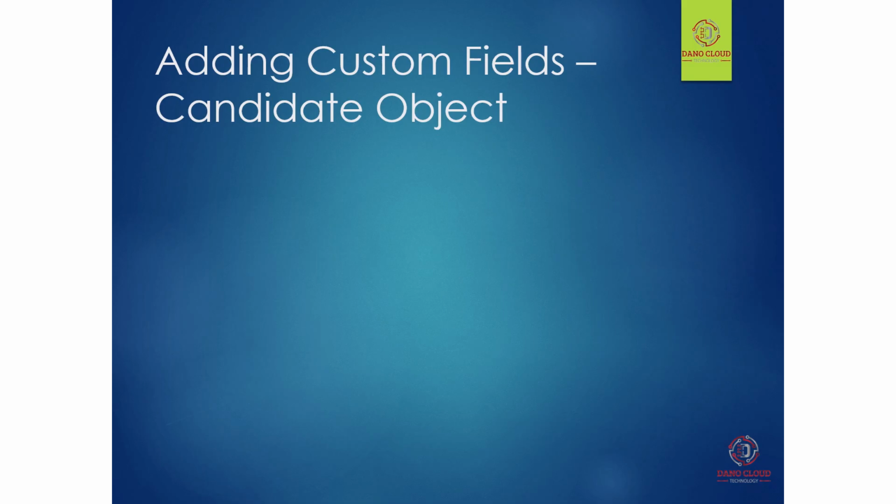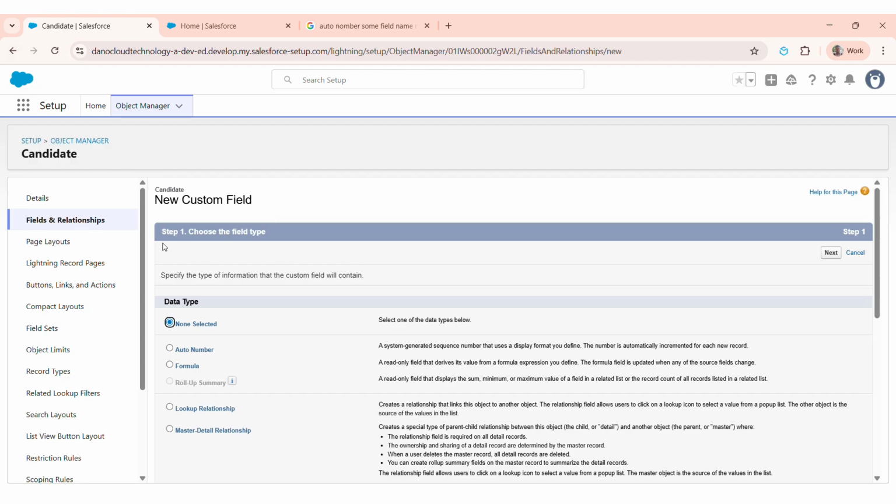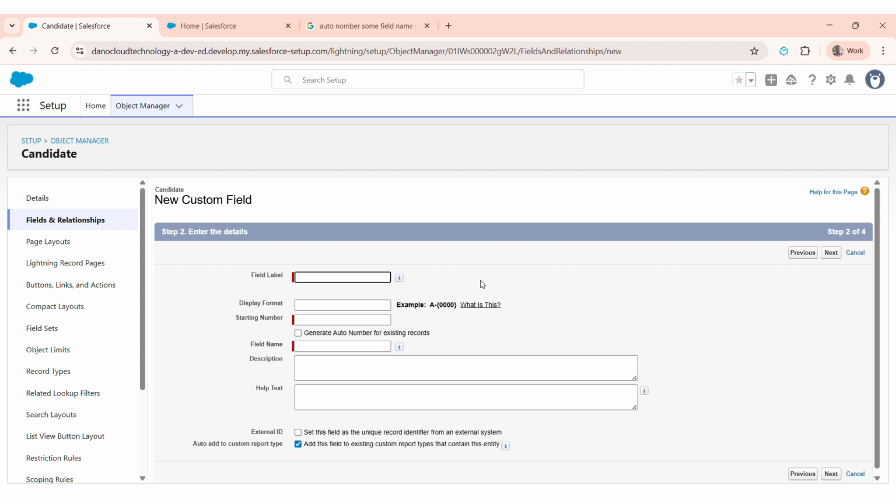recruitment system. Let's create one custom field for the candidate object. For example, we choose auto number for candidate ID. Then go next. Write the field label, we write candidate ID, this type.